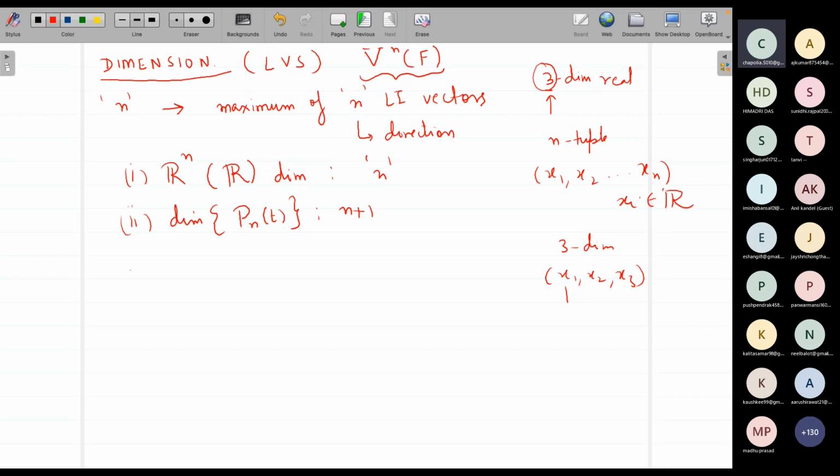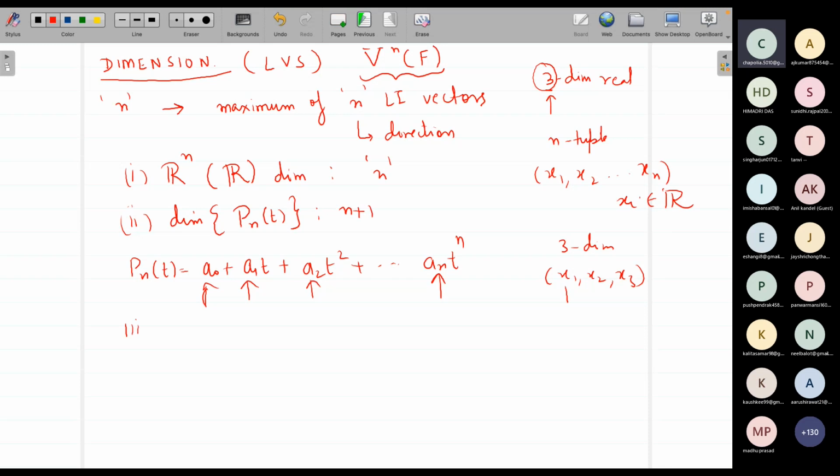Because we have a constant, because of t to the power 0. We have a collection of numbers a0, a1, a2, and so on, and since there is a0 also, there are n plus 1 coefficients. So it cannot accommodate more than n plus 1 linearly independent vectors.